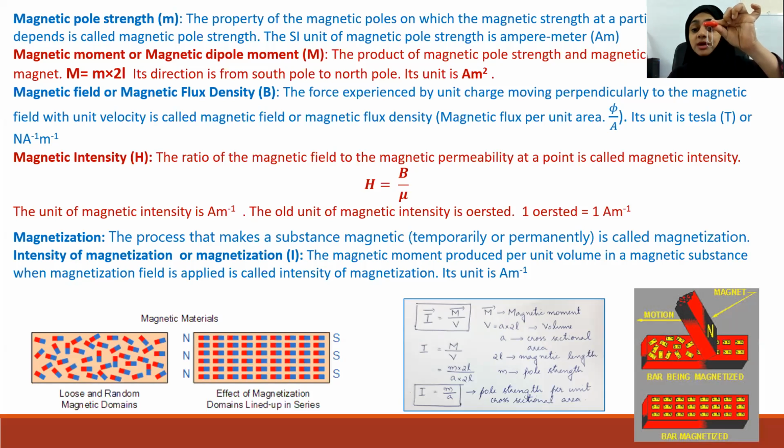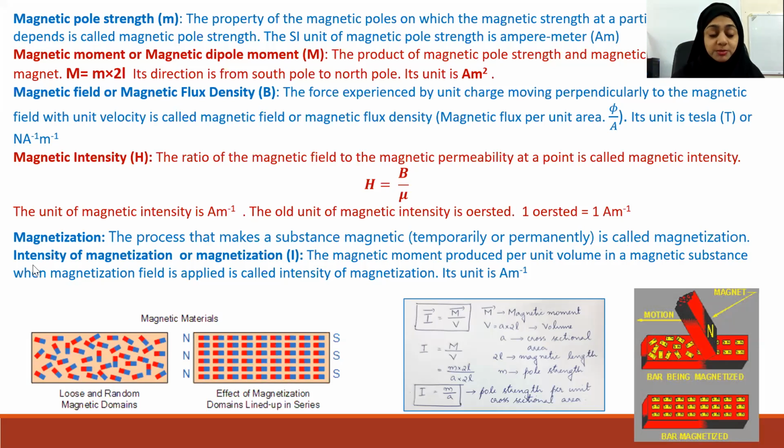That means it becomes a temporary magnet, and it is capable of now attracting another piece of iron. It's only a temporary magnet because once I remove the magnetic field, what happens? It falls down, which means it is not permanently magnetized, it is temporarily magnetized. So both the process of making a substance magnetic temporarily or permanently is called magnetization.